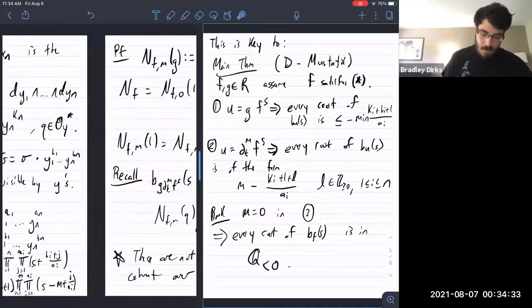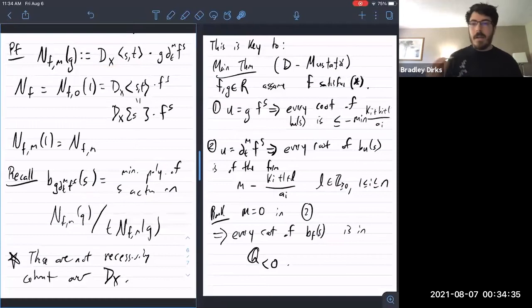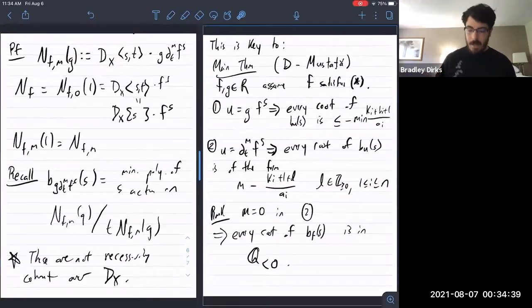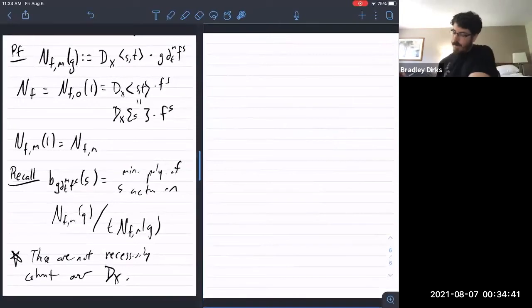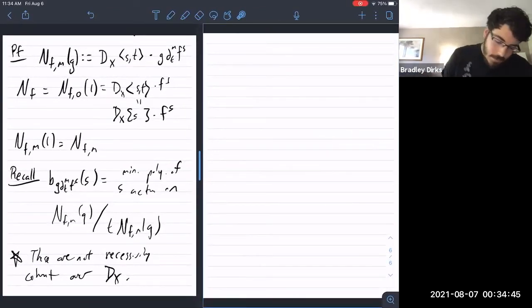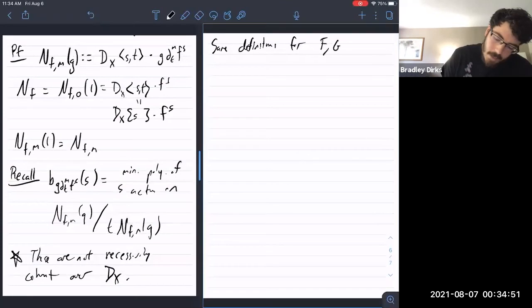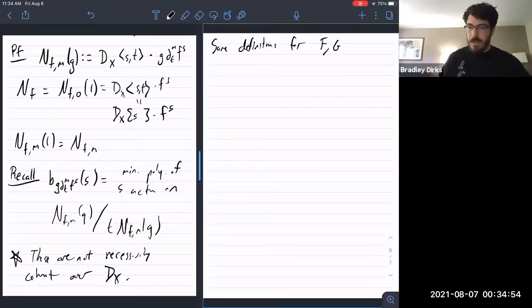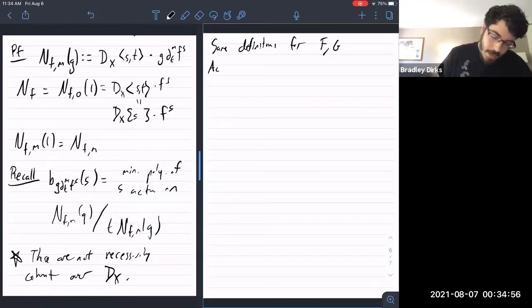Whoops. But it's unclear if you can get the s and the t action just from differentiating. So yeah, I will do a remark though. So same definitions for those f and g, which are the monomialized versions. But actually they're quasi-homogeneous.